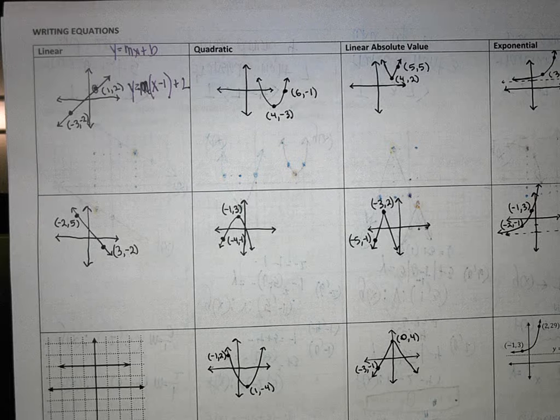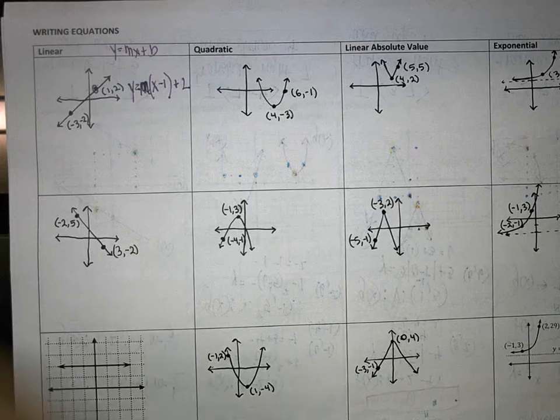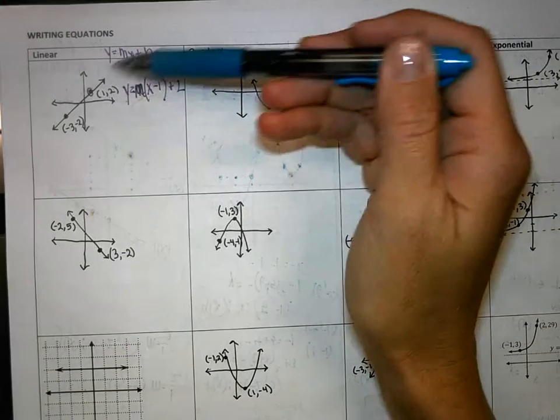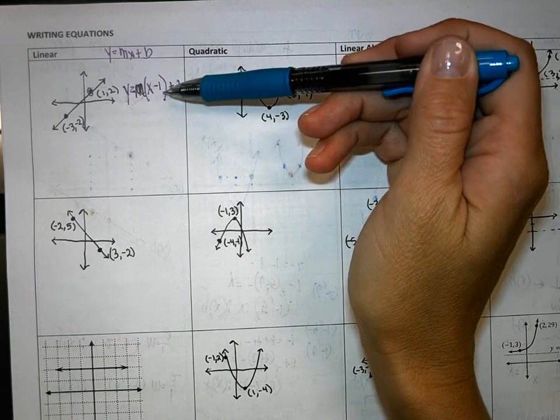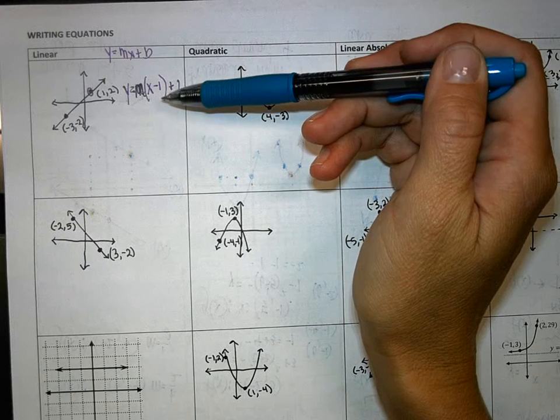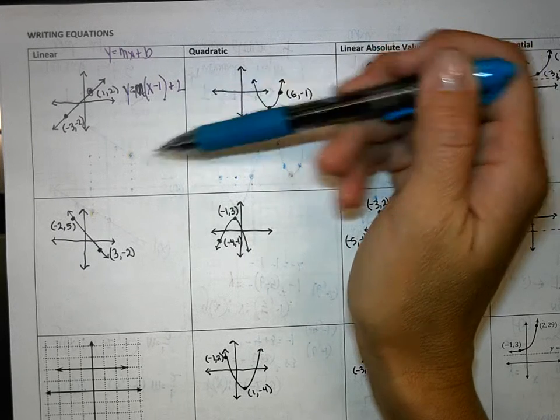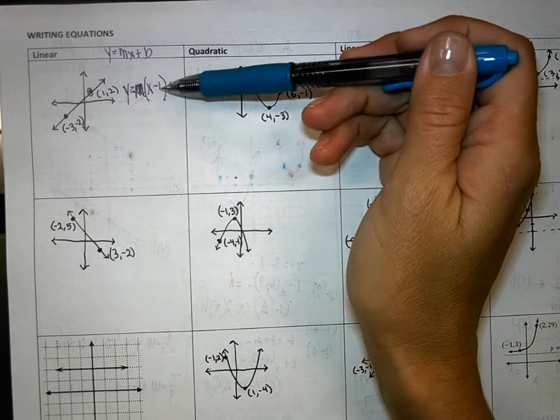So in order to find the m value, what will I do next? You would need to plug in the other point. Okay, so we've already used the 1 and the 2, and is everybody okay with why this is a minus 1? Yes, because when it comes out, it becomes the positive, so when you put it in here, it's going to be the opposite.